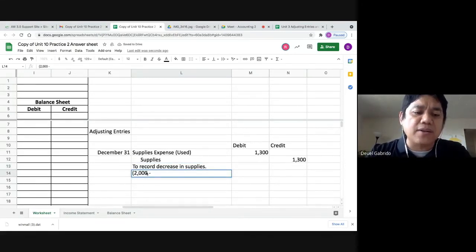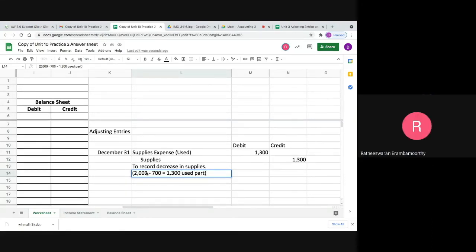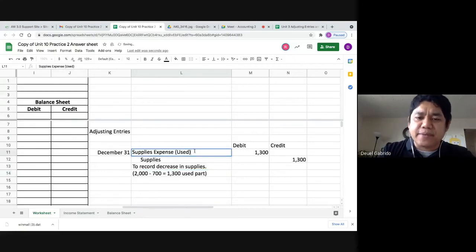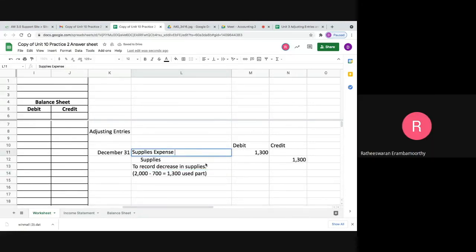Subtract the remaining, which is 700. The difference is 1,300. That is the used part of the supplies. You understand that? Let me just take away the used, and then it's there already. Are we okay, guys?